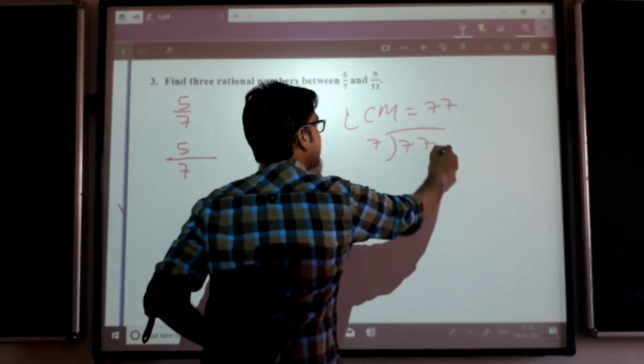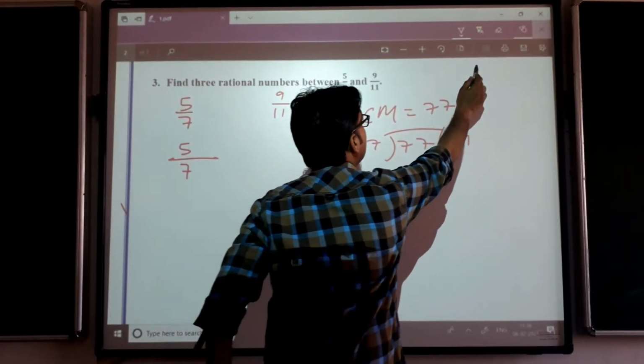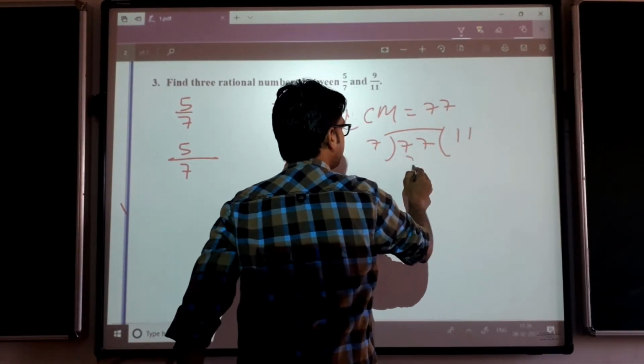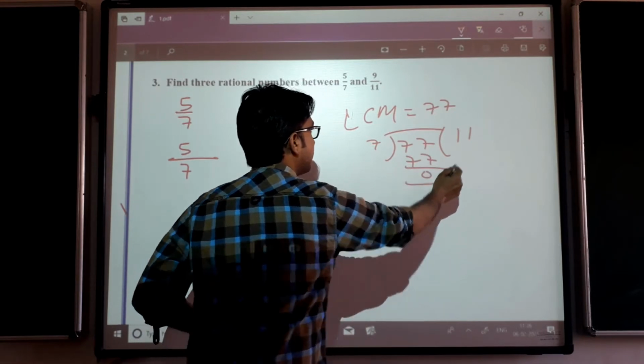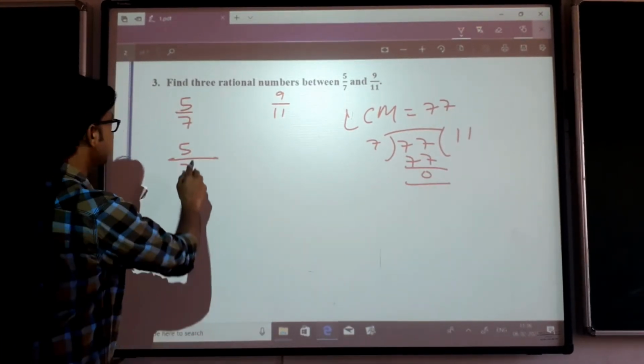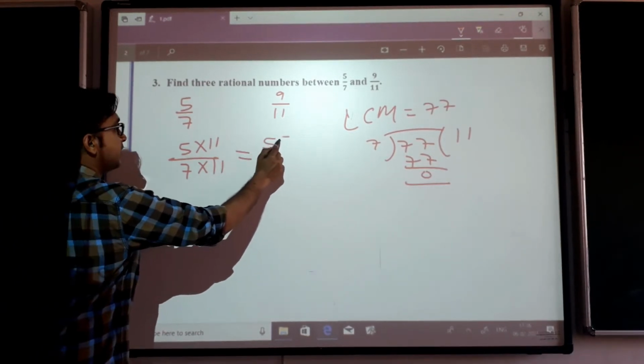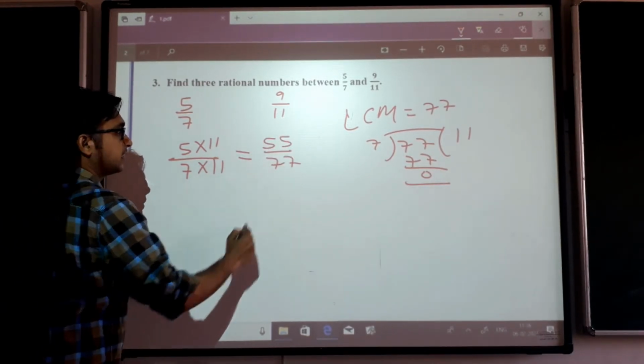When you divide, you get 11. Clear? So now multiply this 5 upon 7 with 11. If you multiply, then you get here 55 upon 77.